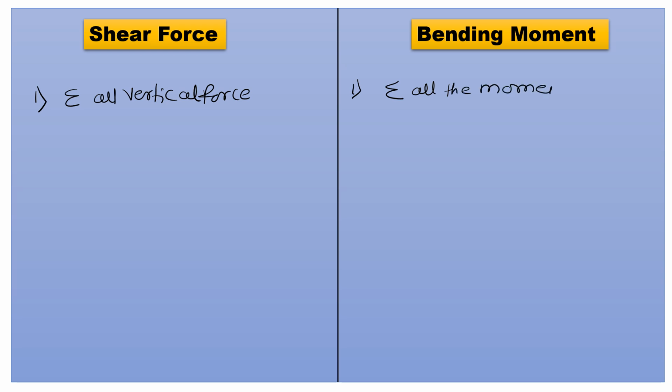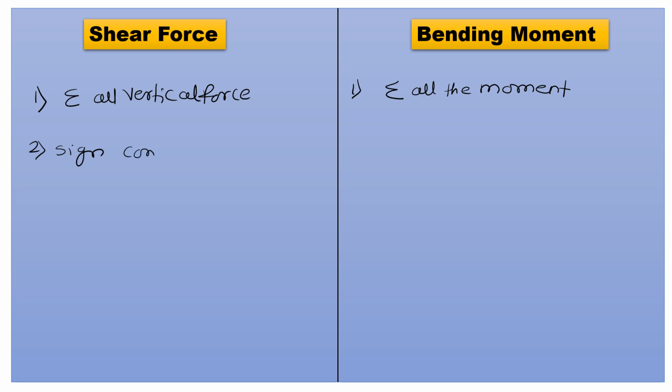Summation means addition. Addition of all vertical forces is shear force, and addition of all moments on a particular beam due to the vertical forces, horizontal forces and moments is nothing but bending moment.